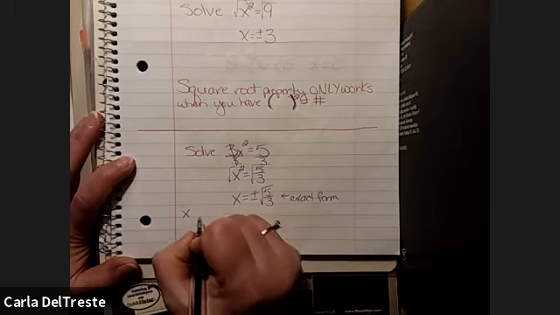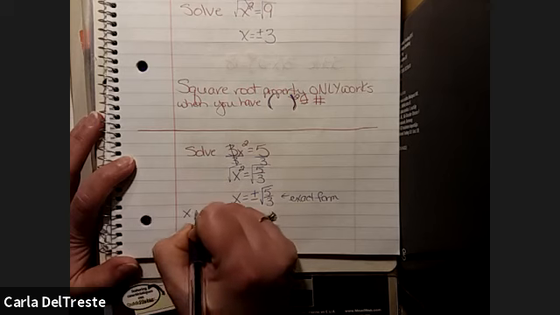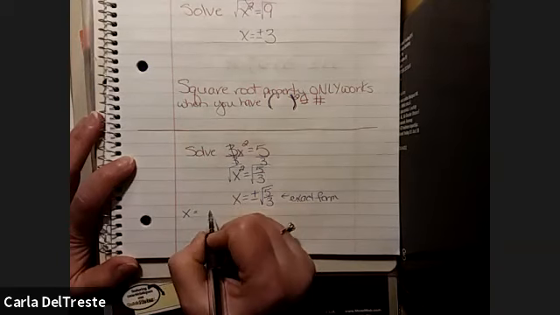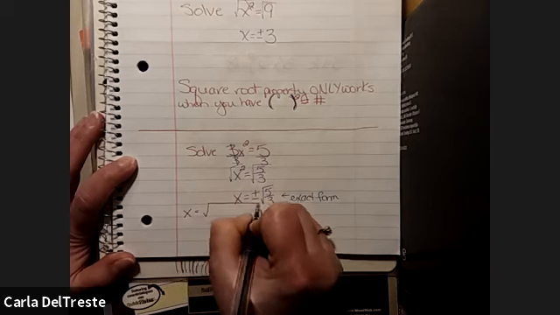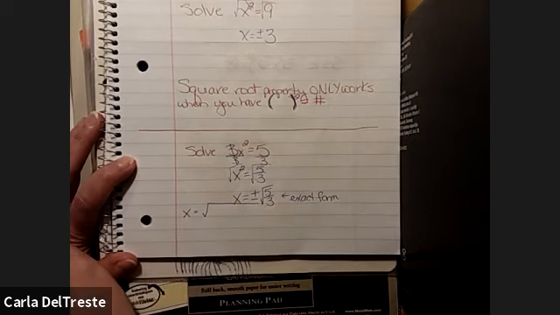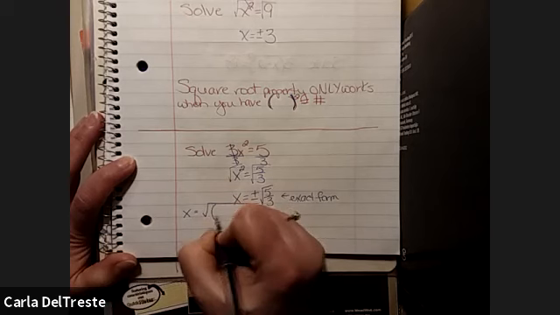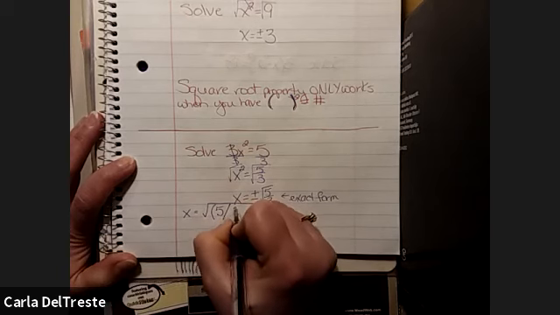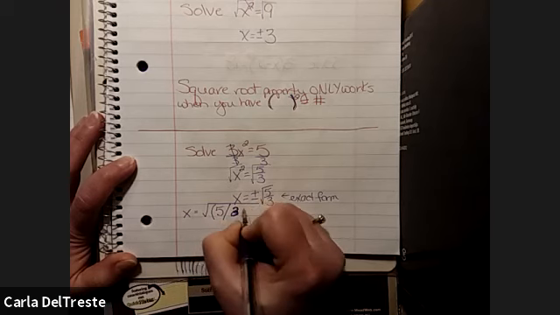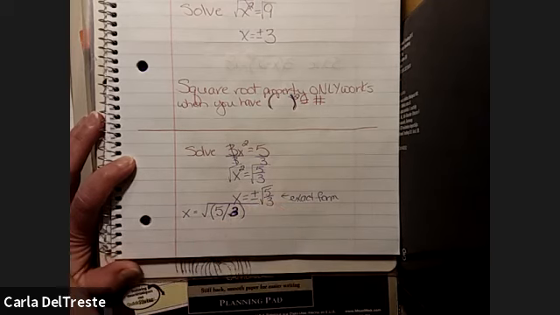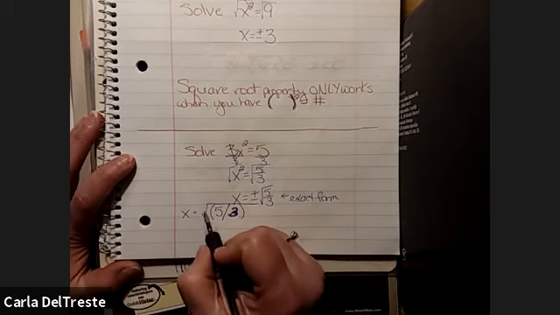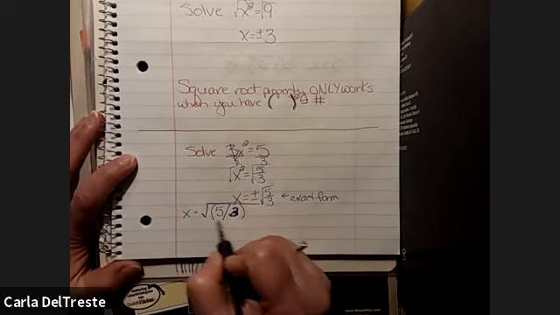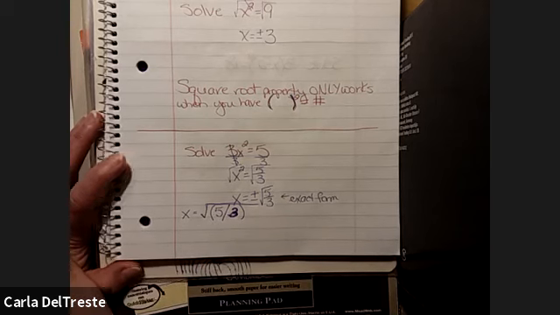So if I had to write this into my calculator, I would put the square root first, and then I would put the whole entire 5 divided by 3 in parentheses, because it makes my calculator realize that I want to take this whole thing underneath the square root sign.